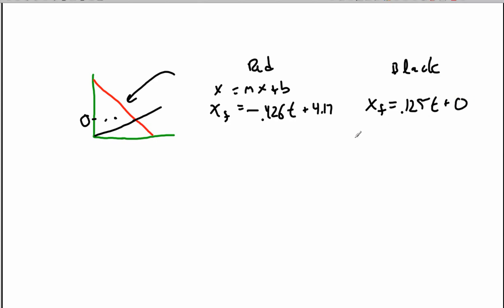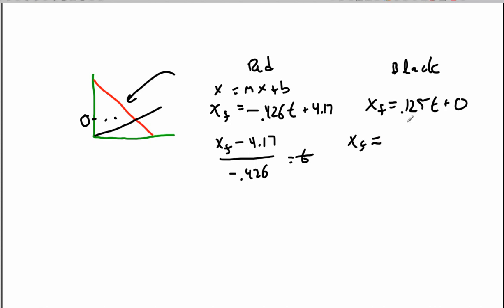Now, what we want to do is rearrange all this to solve for the final position. And so we're going to do a little algebra. We're going to do x sub f minus 4.17 divided by negative 0.426. That will equal t. Over here, we can do a similar thing, do algebra to isolate t, and the reason is because we want to solve for x sub f.